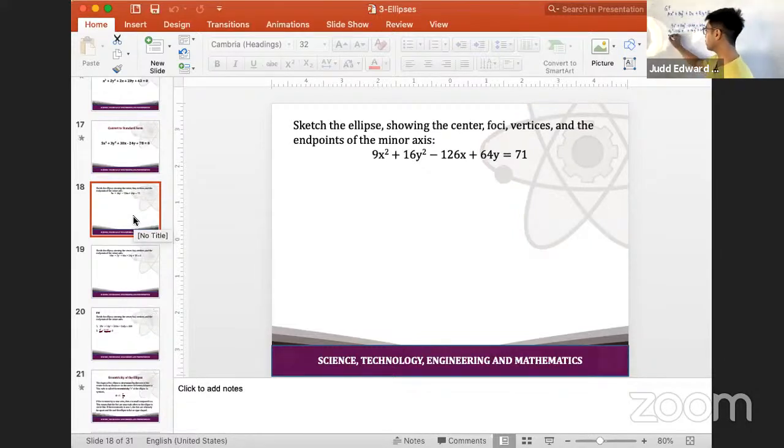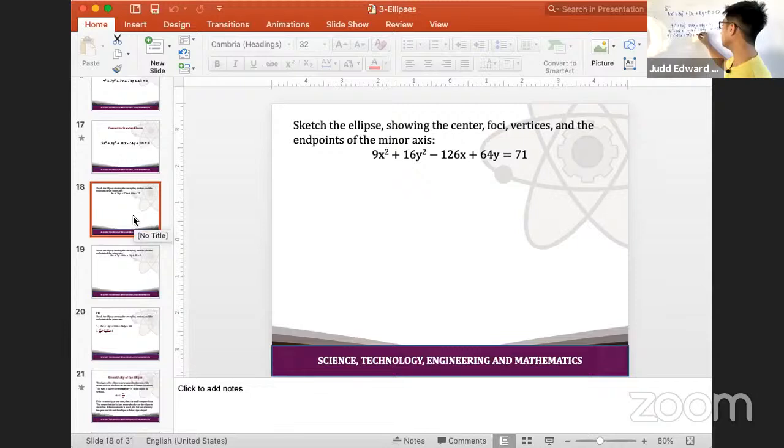What will be the factor? This becomes 9 times x squared minus... what will be 126 divided by 9? 14. Negative 14x. Plus, what do we add here? 49, which is now equal to negative 71 plus 49 times 9.